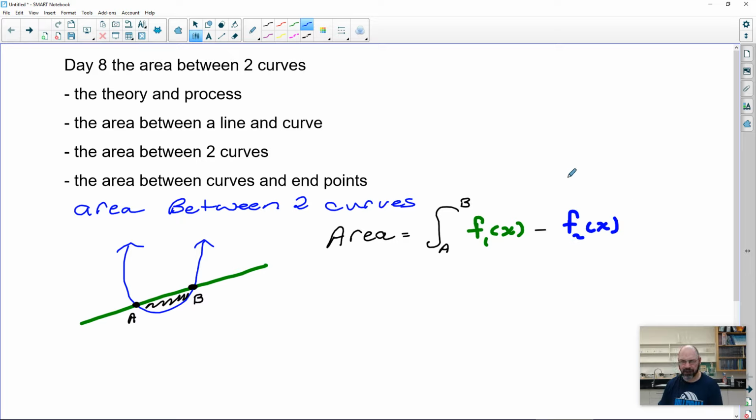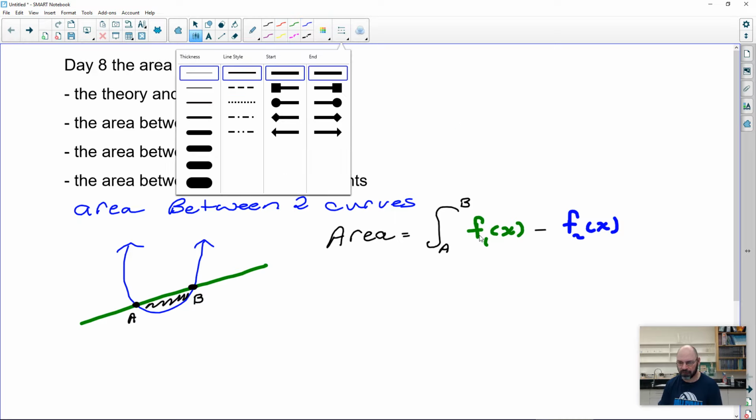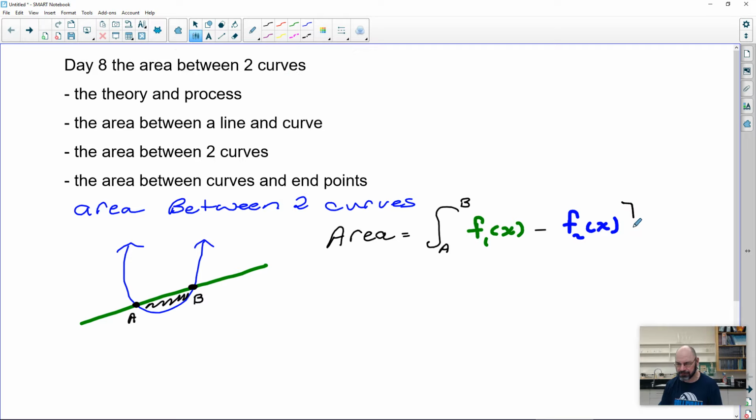Now this has to be in brackets. So you have to do that subtraction before you do the integral.